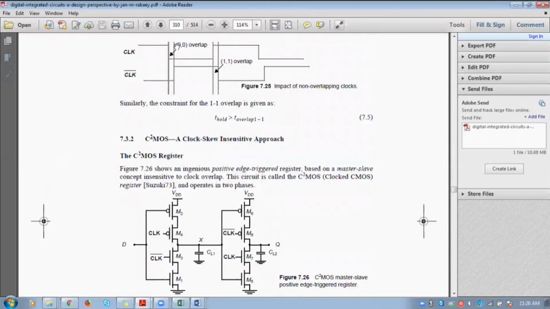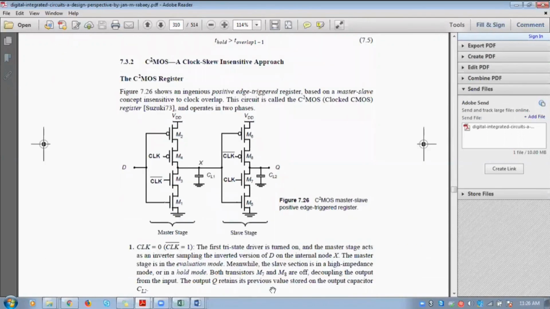Initially I'm going to consider 0, 0 overlap. So when I am applying clock and clock bar as 0, clock is 0, so PMOS will be on. Clock bar equal to 0, so NMOS is off. So the normal working of the inverter is getting affected, that this NMOS is cut down from the normal design.